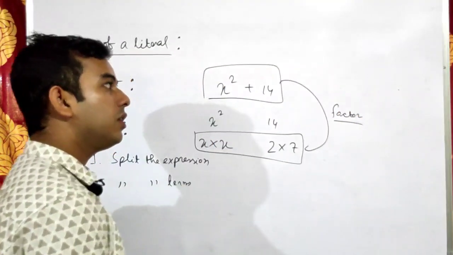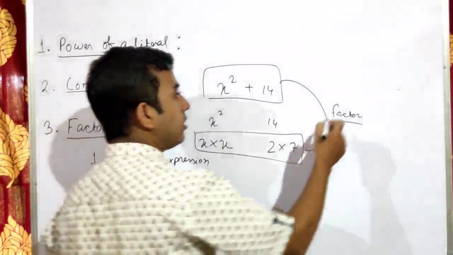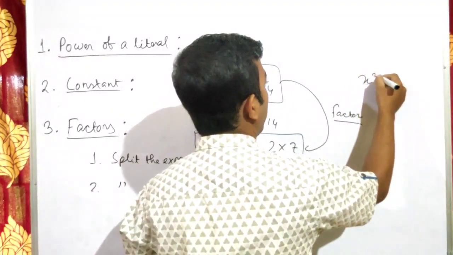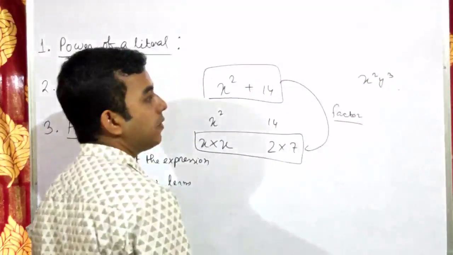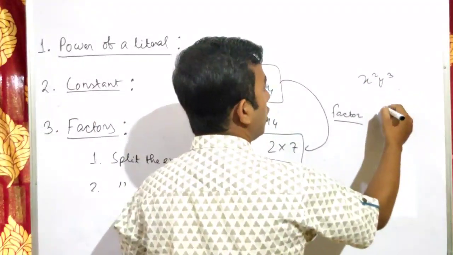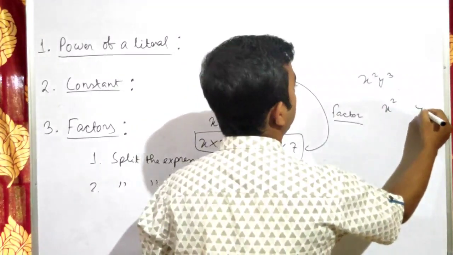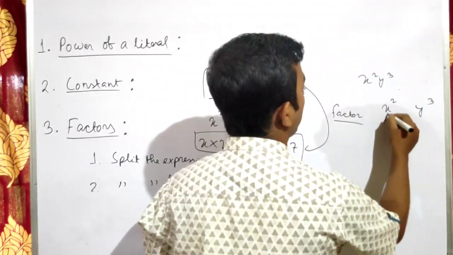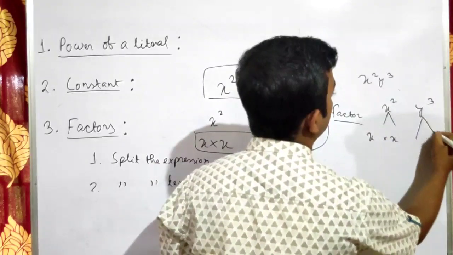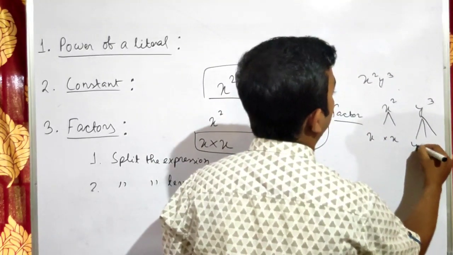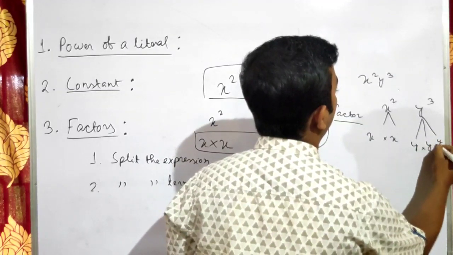What are factors? If we take one more expression, let's take x square y cube. First split the term. It will be x square, then y cube. This x square can be split further as x into x, and y cube can be split as y into y into y.